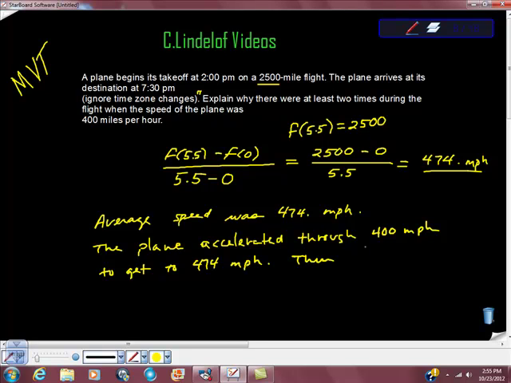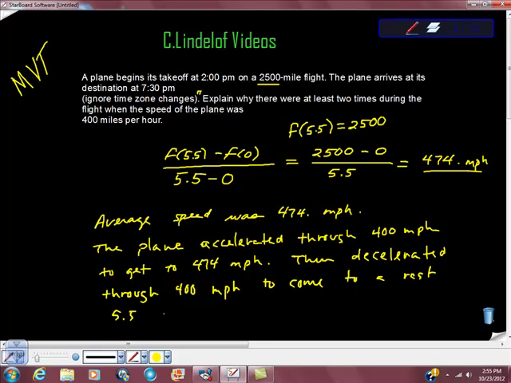Then, this is the second one, then decelerated through 400 miles per hour to come to a rest 5.5 hours later.